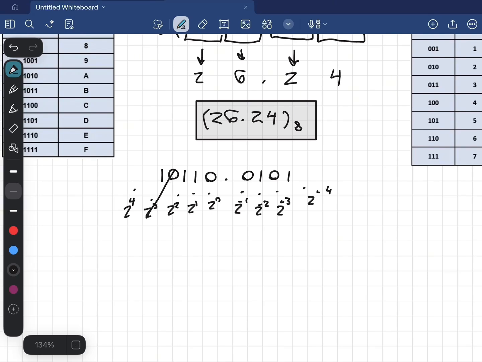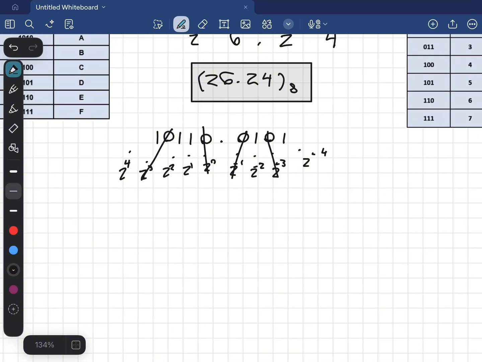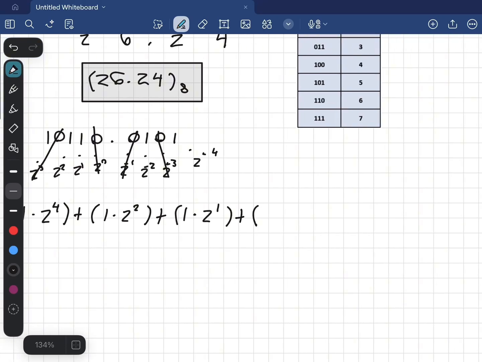Crossing out the 0 terms, and then adding the numbers. This will be 1 multiplied by 2 to the fourth, plus 1 multiplied by 2 to the second, plus 1 multiplied by 2 to the first, plus 1 multiplied by 2 to the negative second, plus 1 multiplied by 2 to the negative fourth.